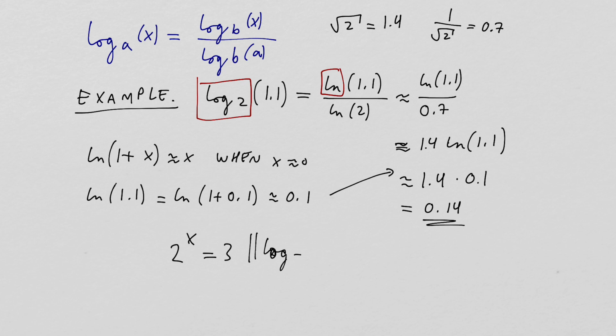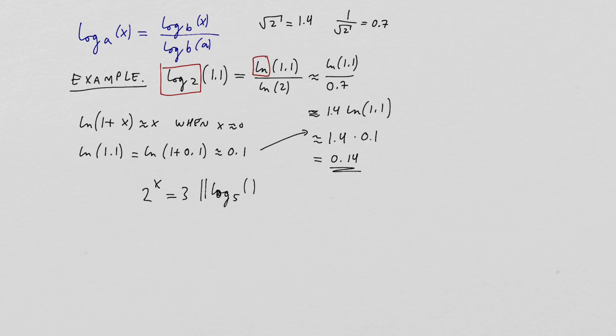If you take the logarithm of base 5, you would get after some steps that x is, let's calculate nicely. Let's take the logarithm of base 5 from both sides.